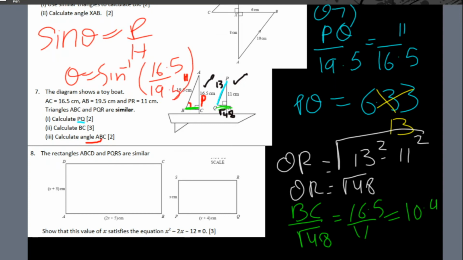So in our calculators we'll enter shift sine 16.5 divided by 19.5, which gives us 57.8 degrees. Angles are supposed to be rounded off to one decimal place.